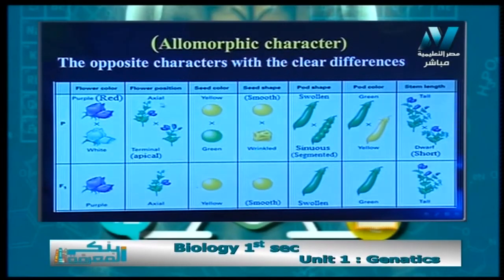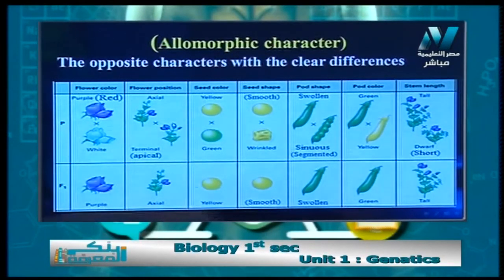Another one, the position of the flower in pea plant. We have two sides, one axial, the other is apical. Axial here, the flower grew laterally from the stem. But in the apical, the flower grew terminal. We can explain it.